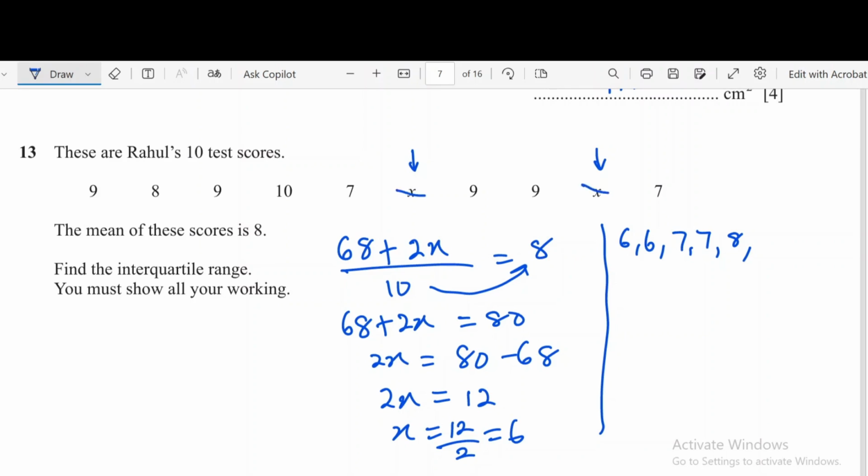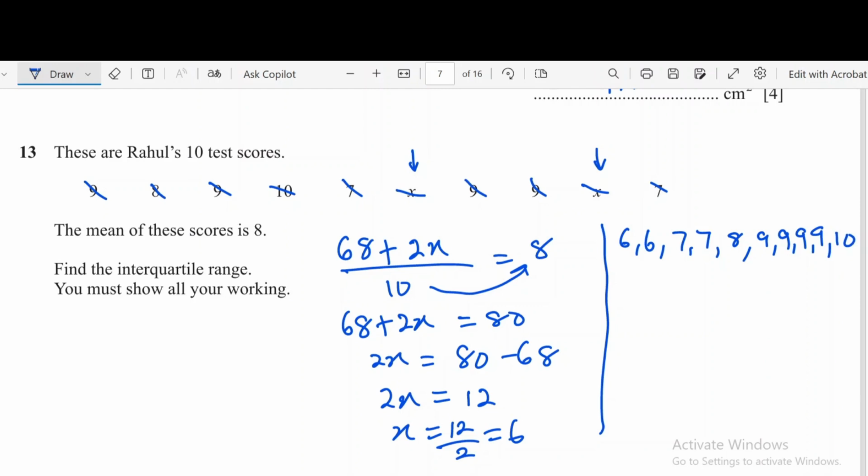Let's cross it out. We've taken 7, 7, we've taken 8. 9 occurs 1, 2, 3, 4. And then 10, we are arranging in order. Okay, there are 10 numbers. So let's count: 1, 2, 3, 4, 5, 6, 7, 8, 9, 10.